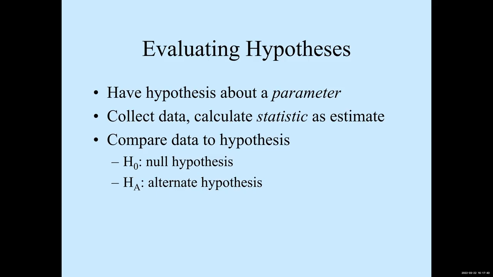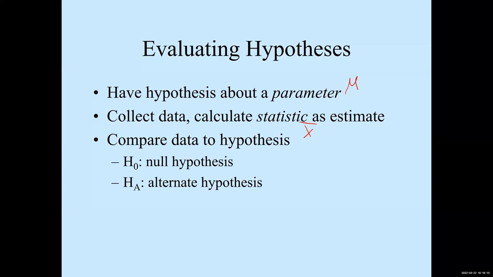We're always going to have a hypothesis about a parameter, not about a statistic. A statistic we know; the parameter we don't know. So we're going to put, for example, mu into our hypothesis, then calculate x bar and use it as an estimate, and compare the data that we collected to what we put in the hypothesis.